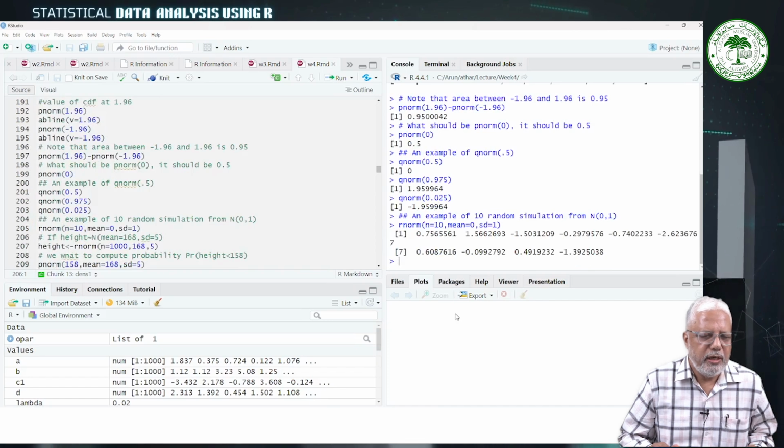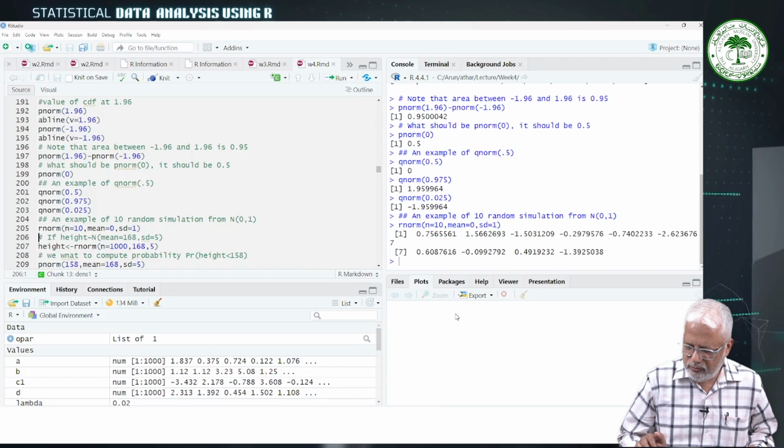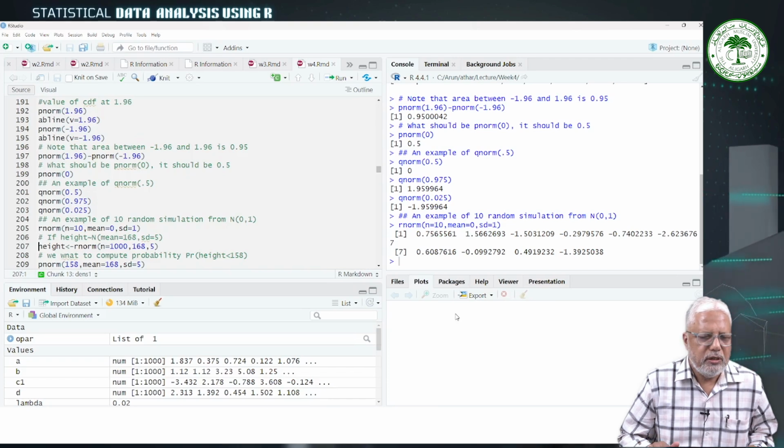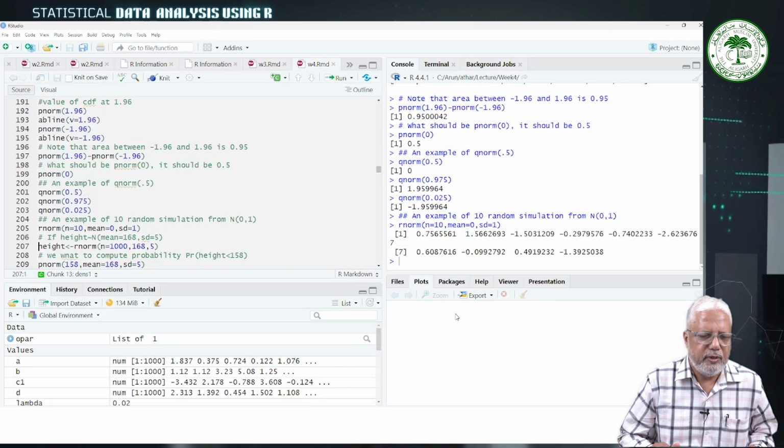Suppose height follows a normal distribution with mean height 168 and SD 5 centimeters. Then we can simulate these 1000 heights using rnorm, random simulation from the normal distribution.